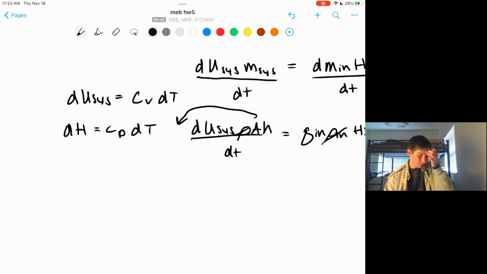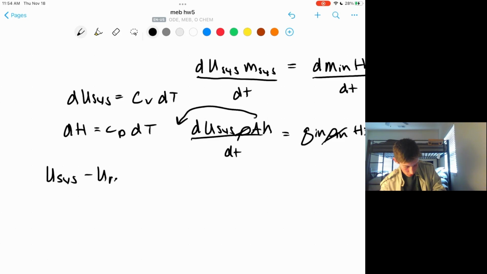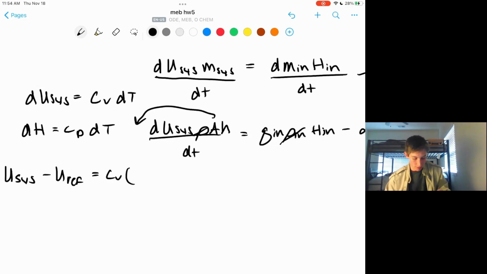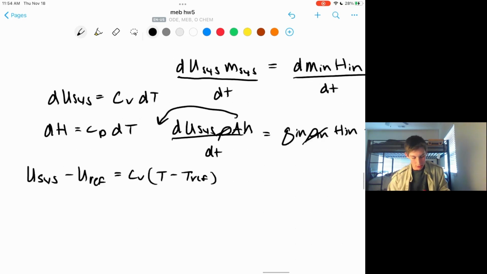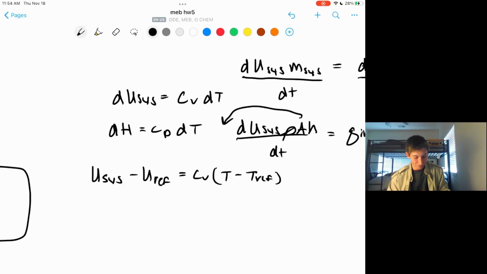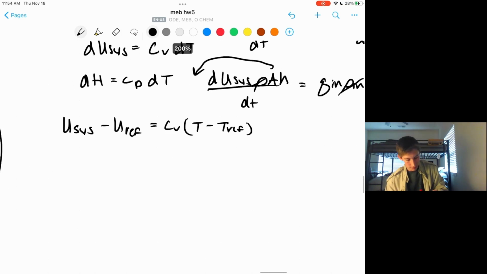So basically, if you integrate, you're left with the internal energy of the system minus some reference internal energy, and this equals the specific heat at a constant volume times a temperature subtracted from a reference temperature. And same thing for the enthalpy here.